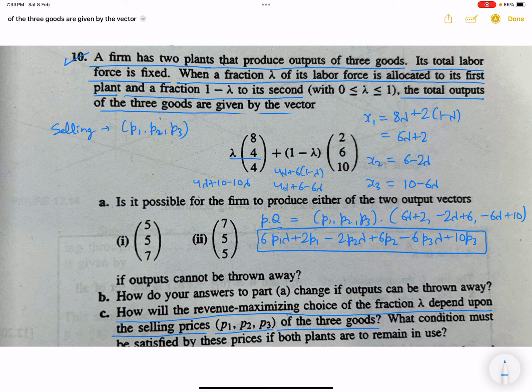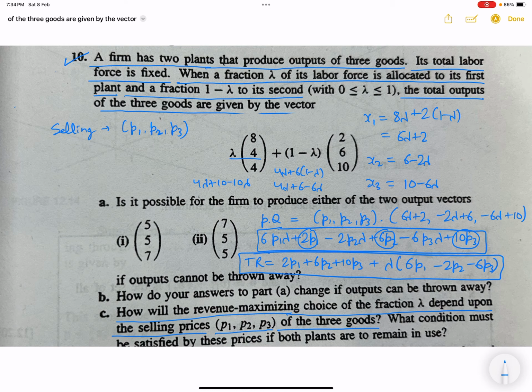Now this can be further simplified as 2 P1 plus 6 P2 plus 10 P3, plus lambda times 6 P1 minus 2 P2 minus 6 P3. So this is the total revenue of the firm.